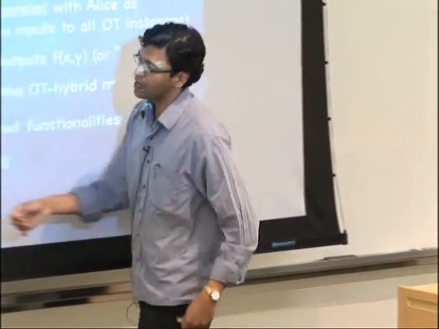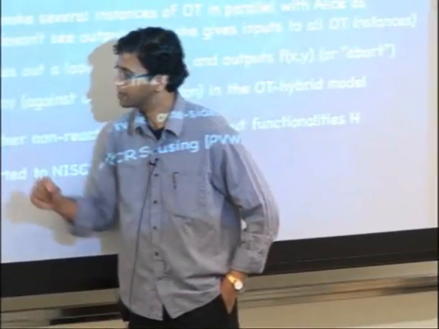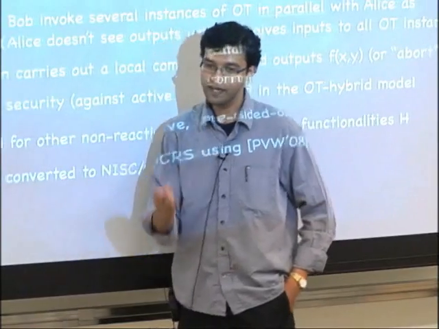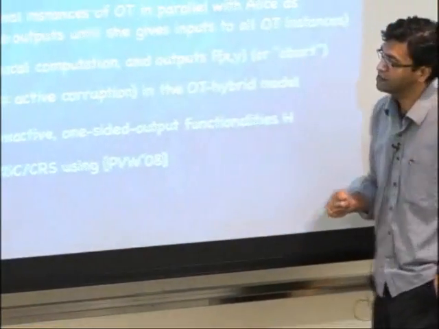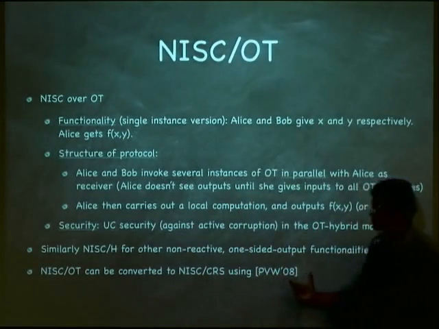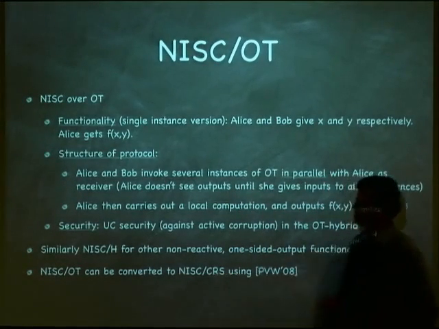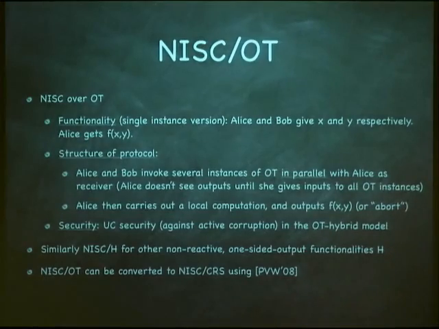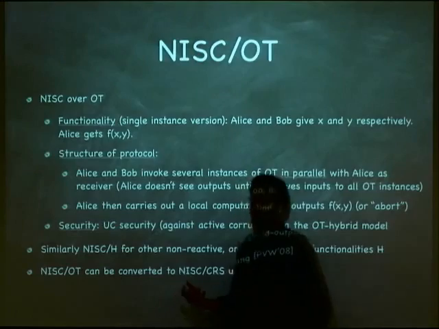Do we have such a thing for UC security? We know of this construction for oblivious transfer in the CRS hybrid model, where parties have access to a common random string. And that's a universally UC secure protocol.